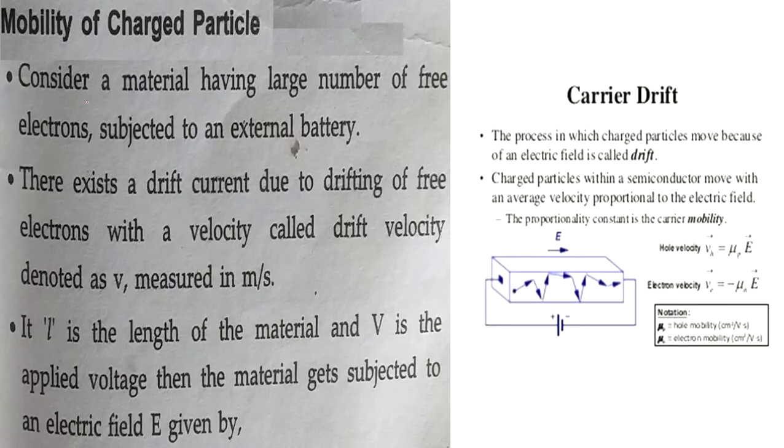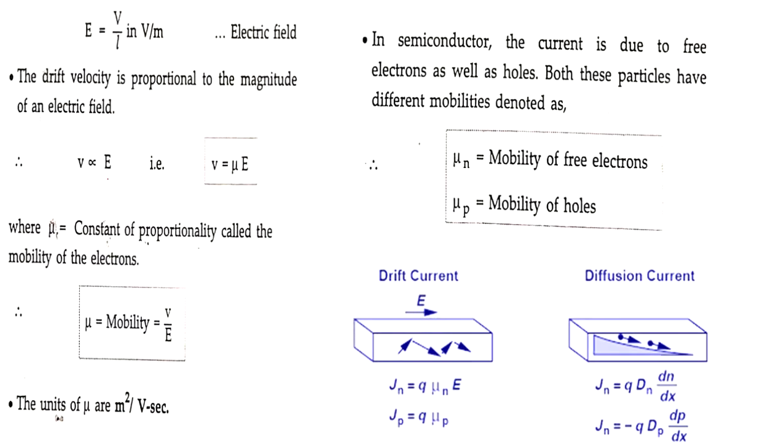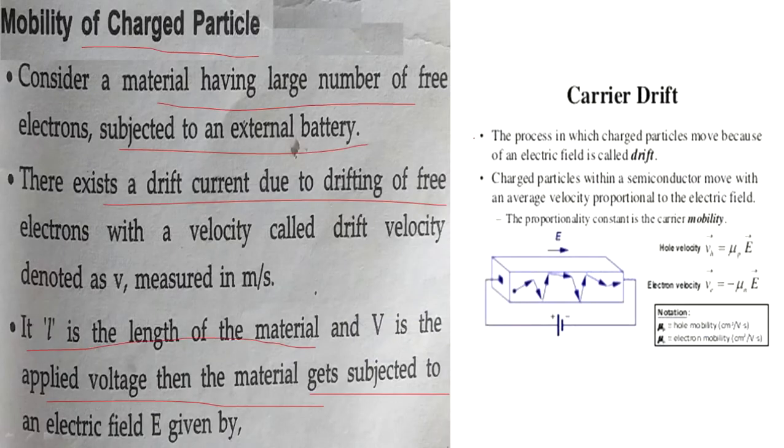So what is the meaning of mobility of charge particle? Assume that we have a semiconductor bar, and the bar is subjected to an external voltage. If the length of the material is L and V is the applied voltage, then the material is subjected to an external electric field E. Now we can define the mobility of the charge particle. What is the meaning of drift? It is the movement of electrons or charge particles because of the electric field.